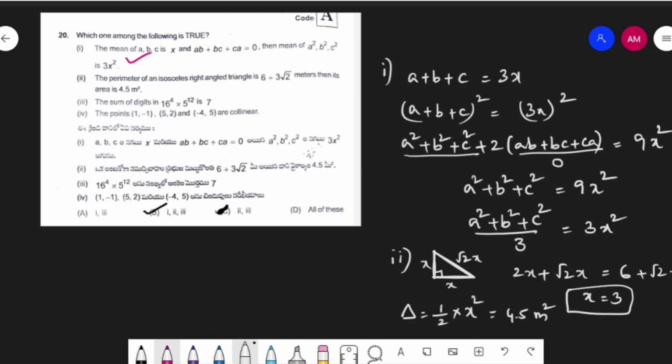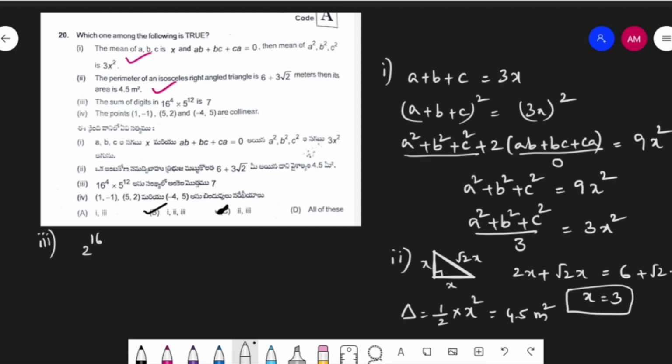So the second one is also true. So let us check the third one. The sum of the digits in 16 power 4 into 5 power 12 is 7. We have to check whether it is true or false. Let us solve that. So 16 power 4 into 5 power 12. How we can write 16 power 4? It is nothing but 2 power 16.